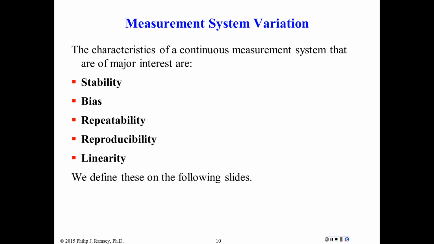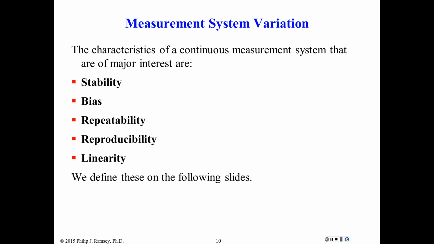In other words, is it always on average the same over time, and is the variation the same? An unstable measurement system is one in which the overall average of the measurement system may drift or shift around.